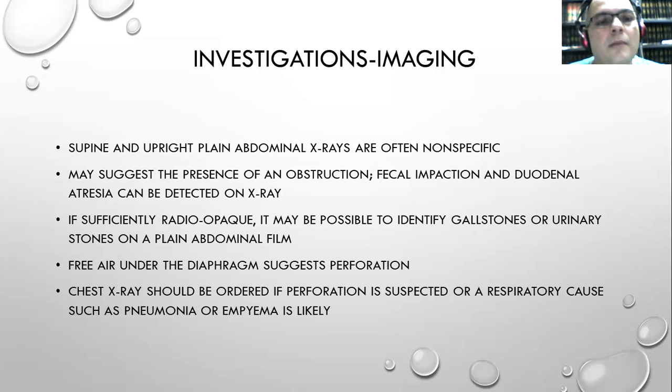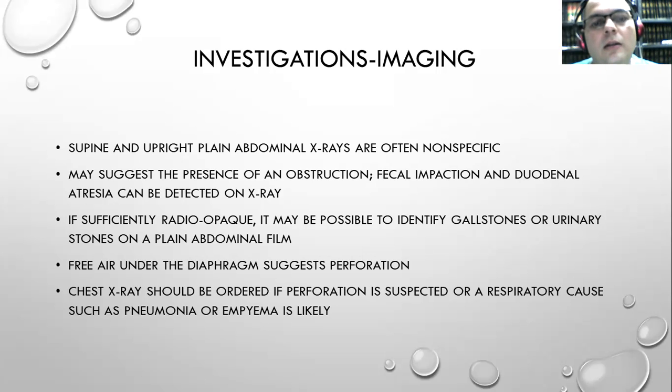An X-ray may suggest the presence of obstruction or fecal impaction, and duodenal atresia can be detected on an X-ray. It will show a picture of obstruction, that is multiple gas and fluid levels. If sufficiently radio opaque, it may be possible to identify gallstones or urinary stones on a plain abdomen film.